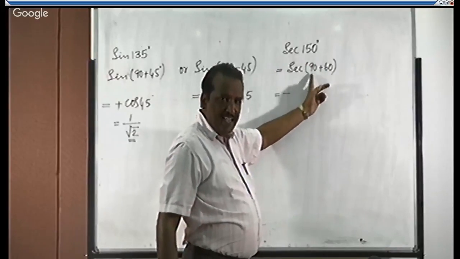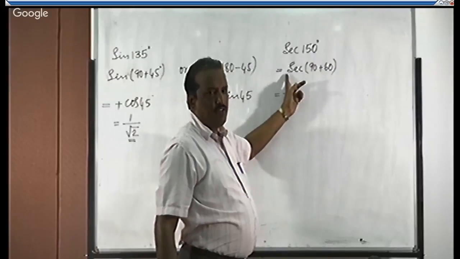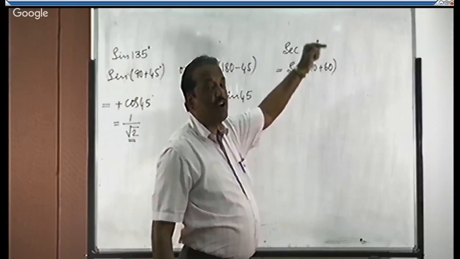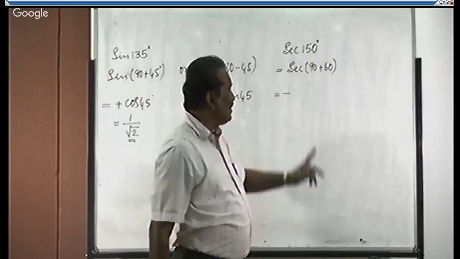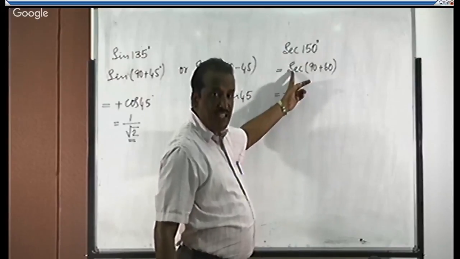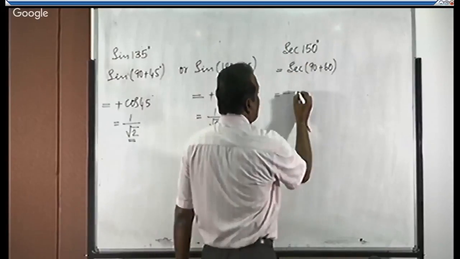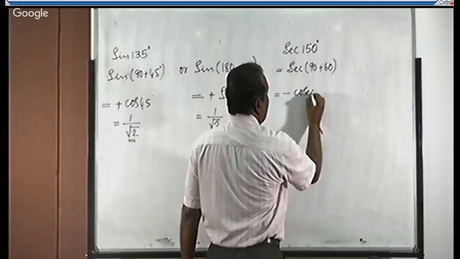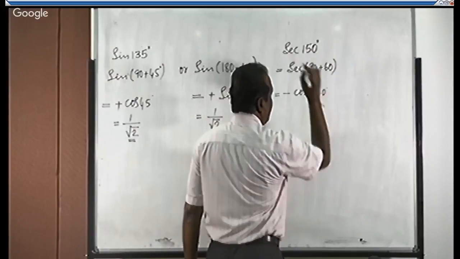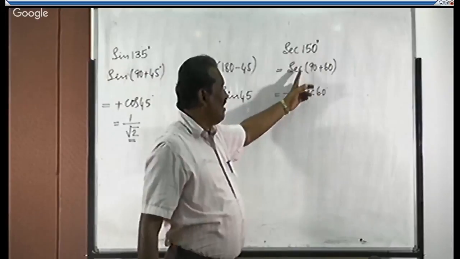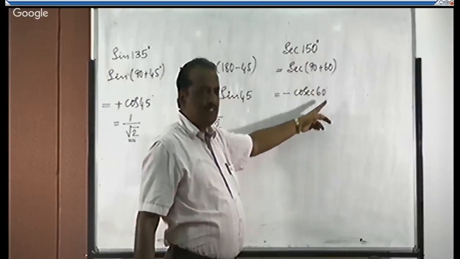So the angle is of the range 90 plus theta. When you have 90 plus theta for any trigonometric function, write its co-function on the opposite side. Which function is there here? Secant. For secant, what is the co-function? It is cosecant. In the place of theta, it is 60. Therefore, secant of 90 plus theta is minus cosecant theta.